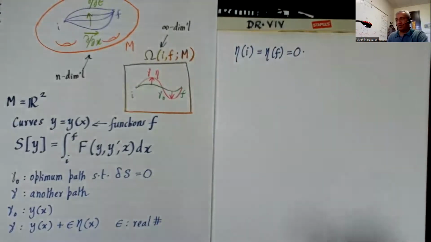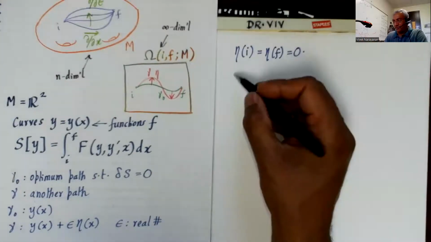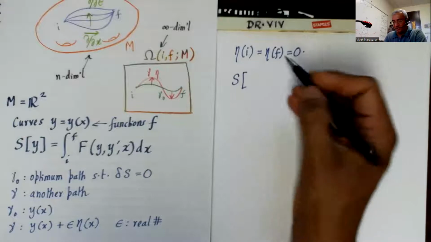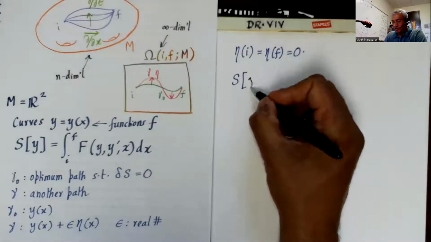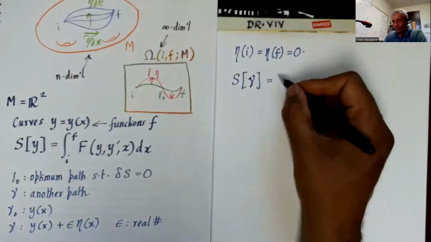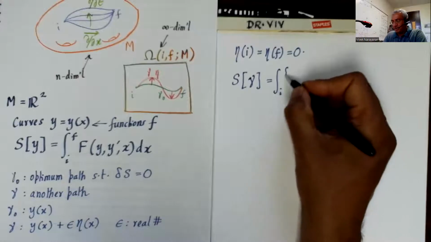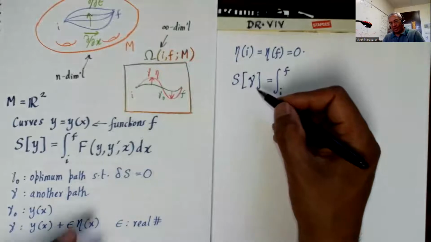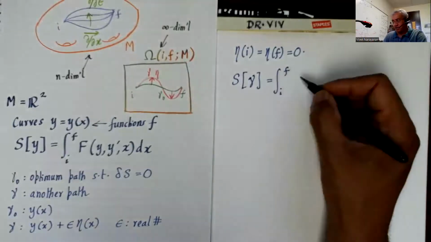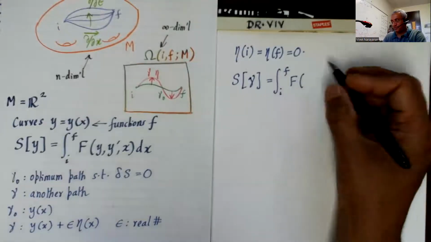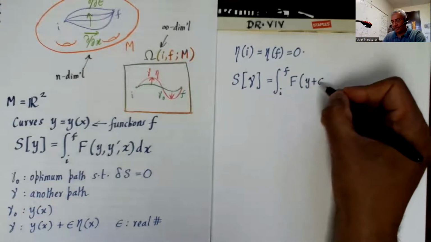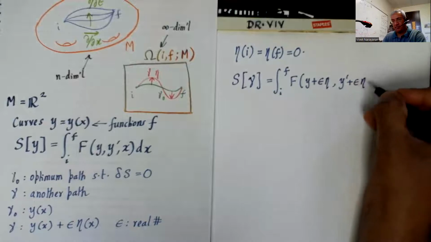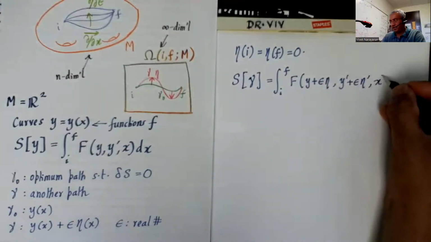All right, now we're going to define the famous S of gamma. S of gamma is the integral from I to f. Because S of gamma goes away from the path y, we have to write f of y plus epsilon eta, y prime plus epsilon eta prime, x dx.